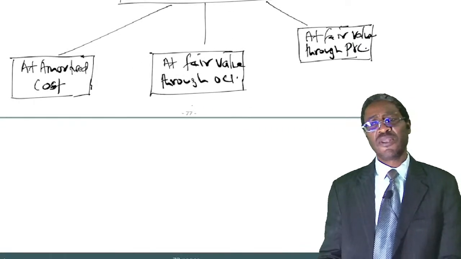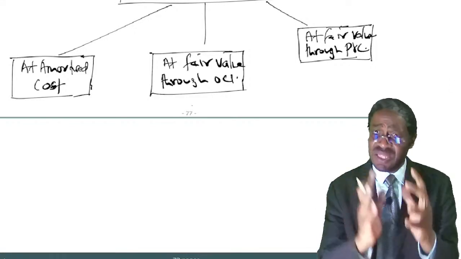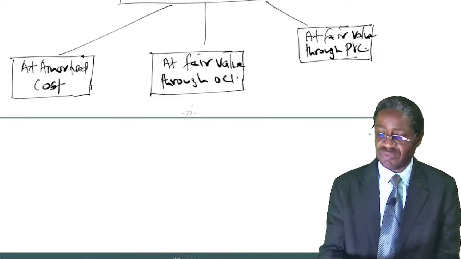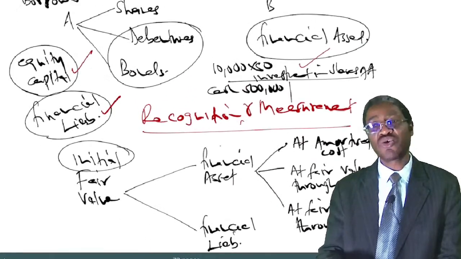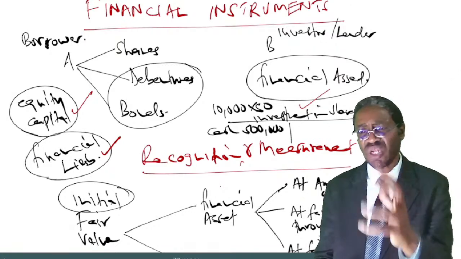Now, what kind of financial assets are these that should be measured at amortized cost? Let me start. I go back. I told you, as a company A, you wanted to raise finances.